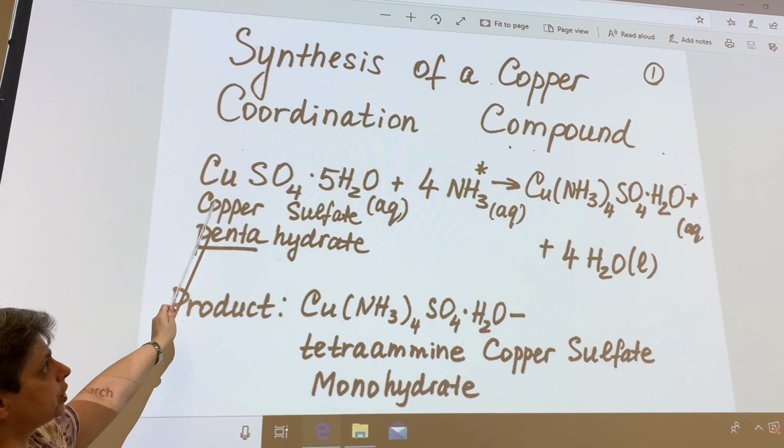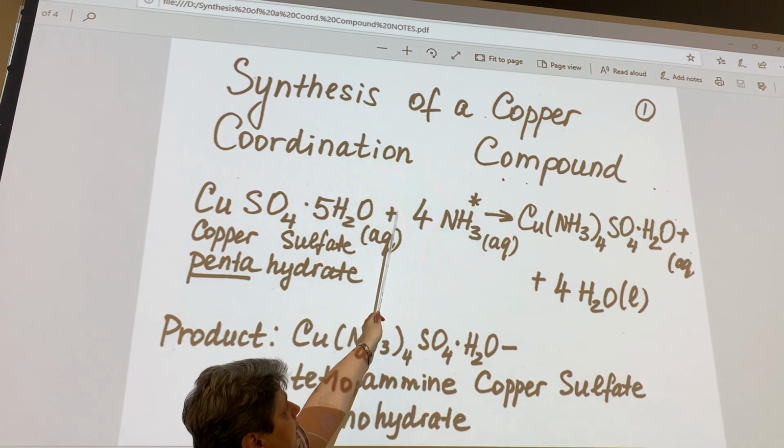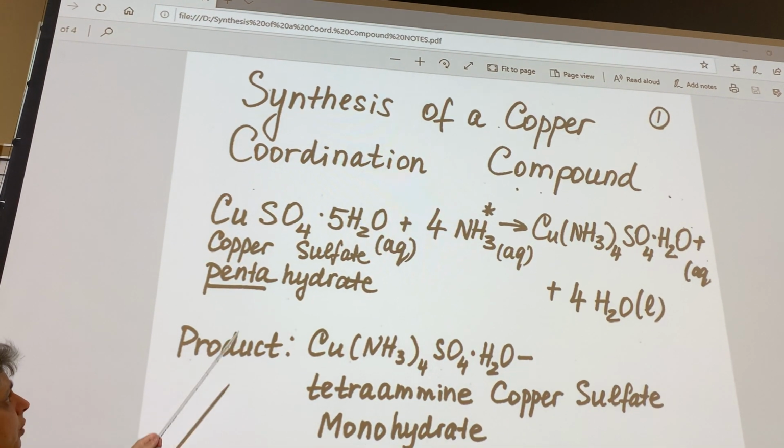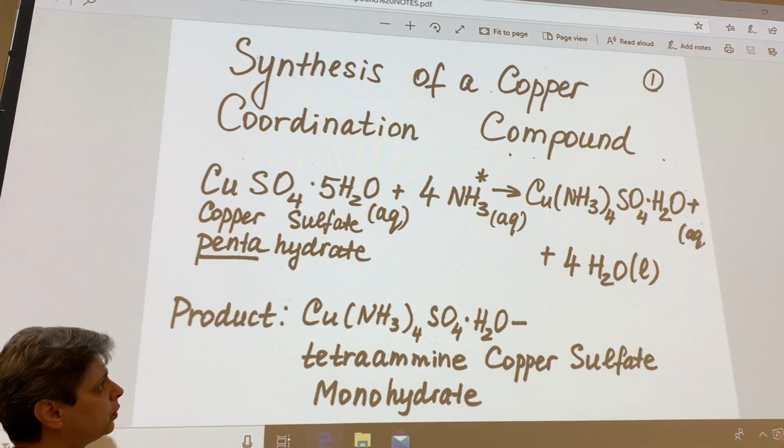Remember, in this particular experiment, there is 1 mole of copper sulfate that's expected to react with 4 moles of ammonia. So in this instance, the ratio is 1 to 4, and that's an important factor.